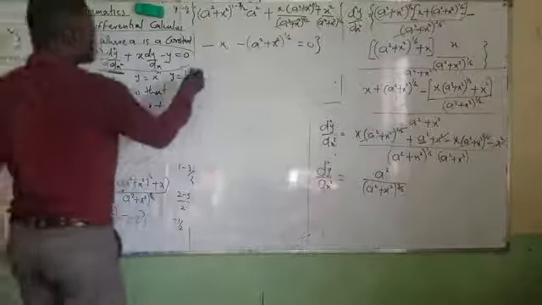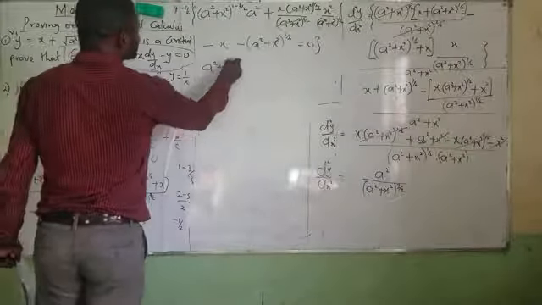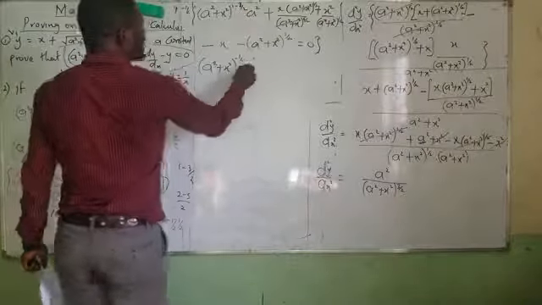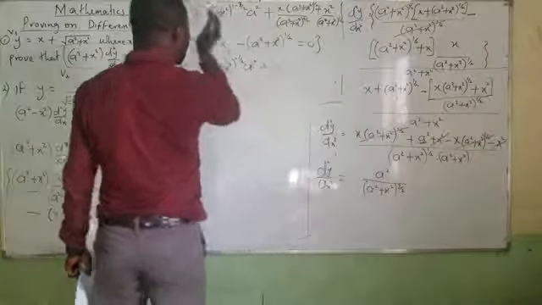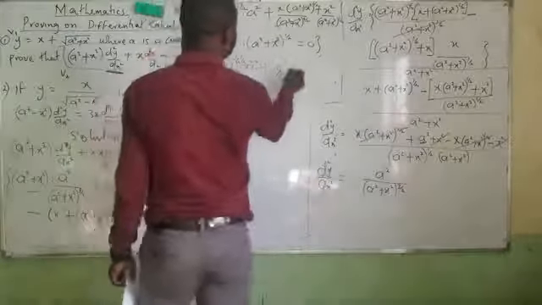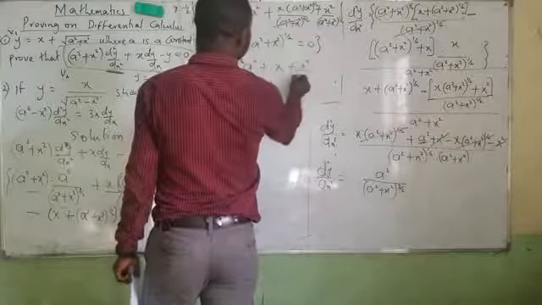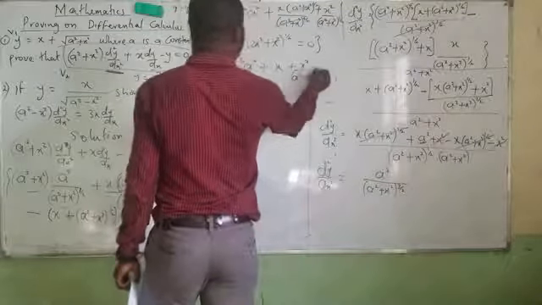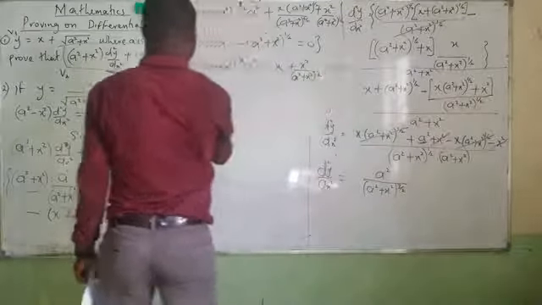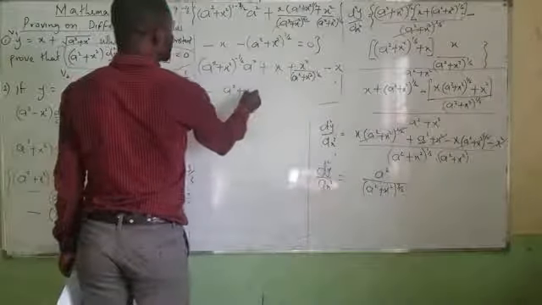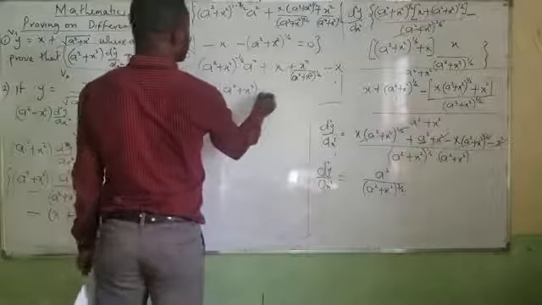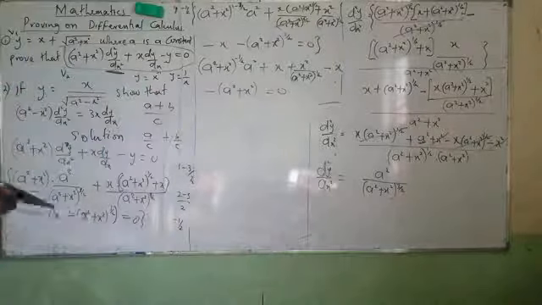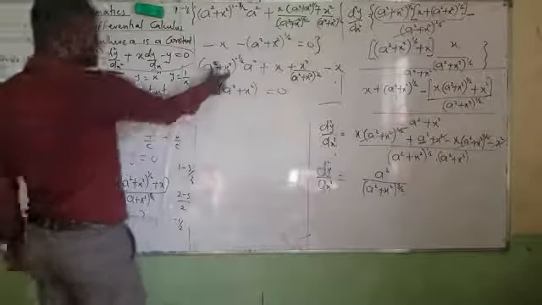Now, what I'm having here is a squared plus x squared bracket of minus 1 all over 2, which is a squared, and plus x, I think it will be better like this, and plus x squared divided by a squared plus x squared bracket of 1 all over 2, and minus x minus a squared plus x squared bracket of, I've opened the bracket, which is equals to 0. Now, I think everybody can understand now. This is what I'm talking about.